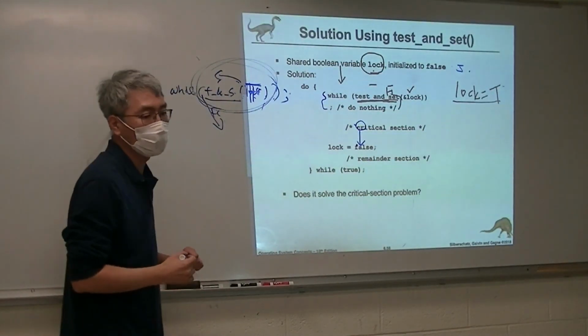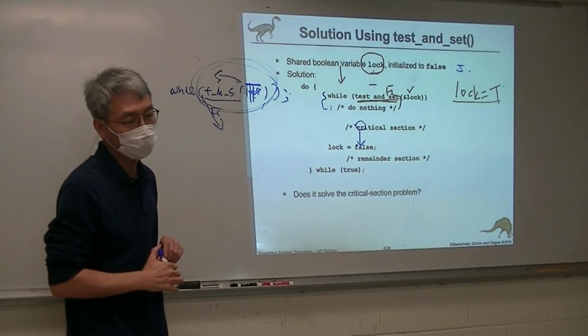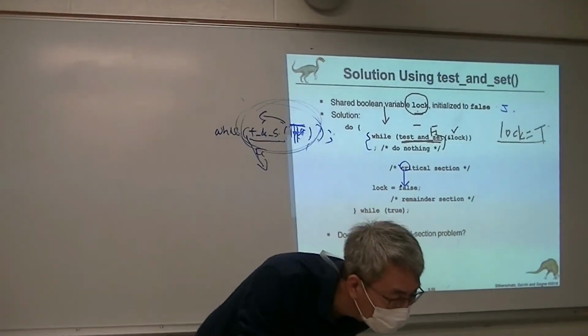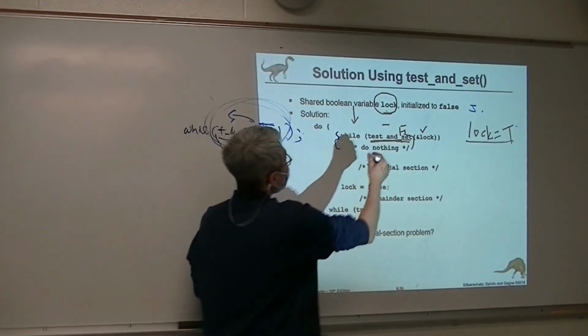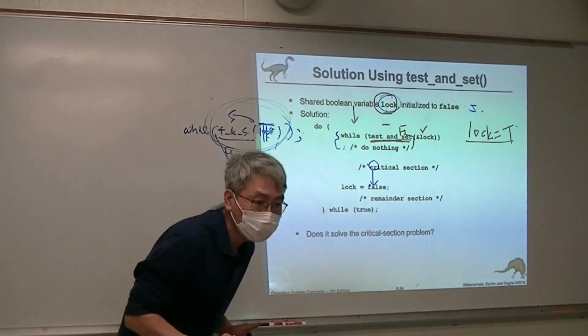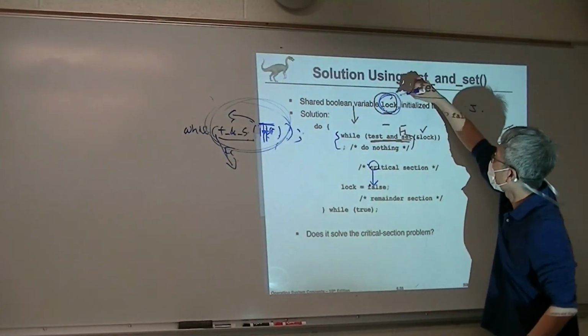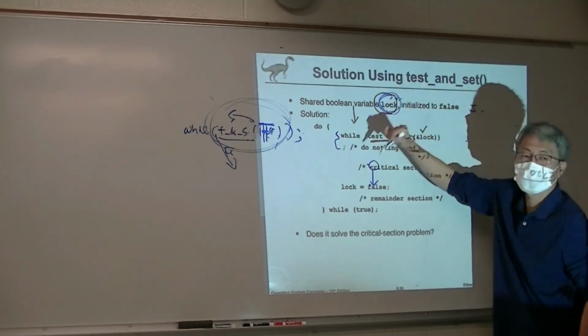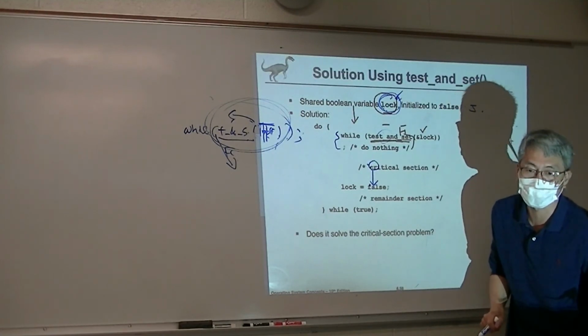That's a question. Yes, why can't the second process run itself again and modify the lock? Because the lock is guarded by a barrier. The lock is shared data, okay? When the lock is false, you can enter the critical section based on this, right?